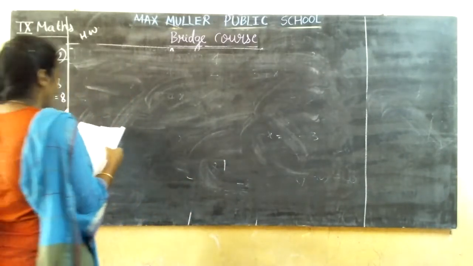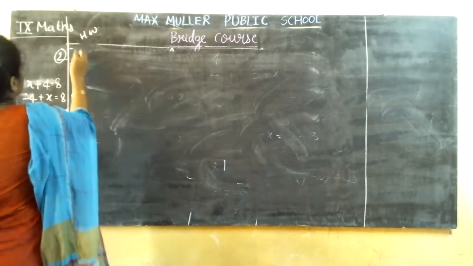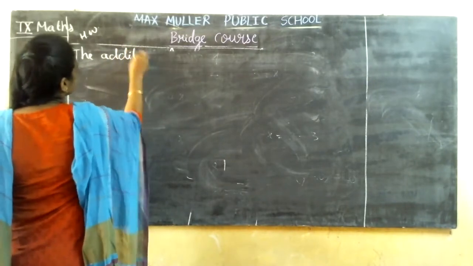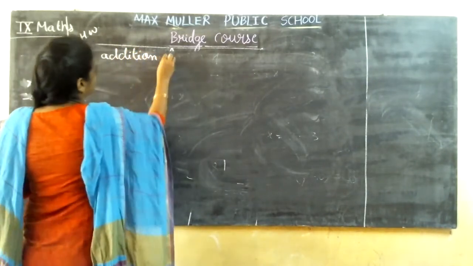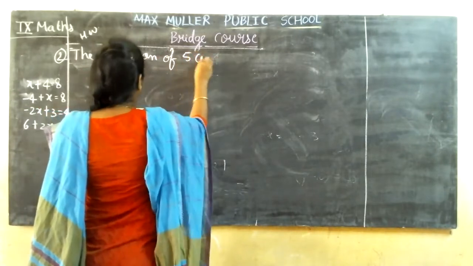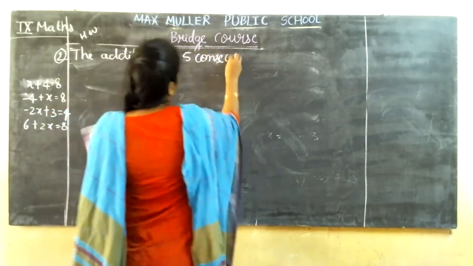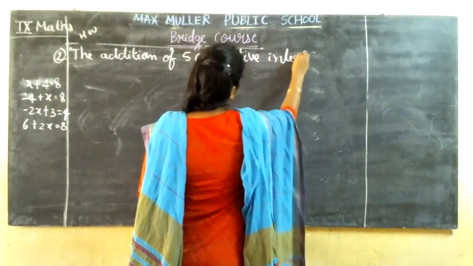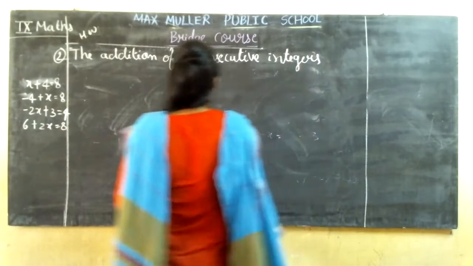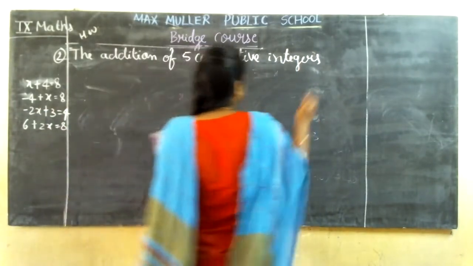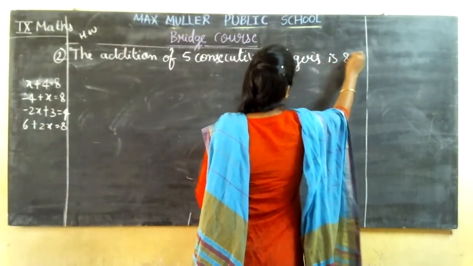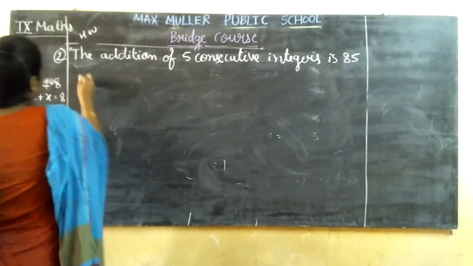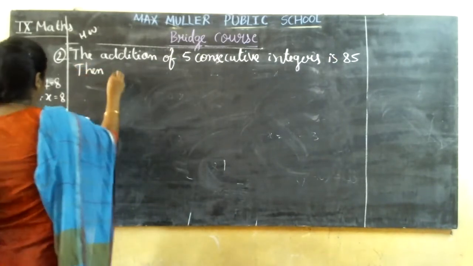Take down, everyone: the addition of 5 consecutive integers is 85, then the greatest among them is what?